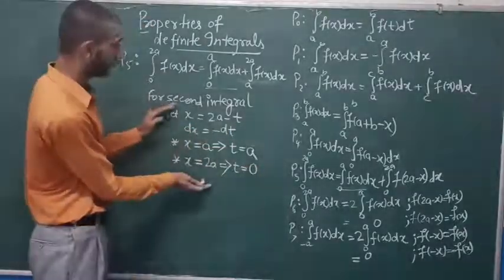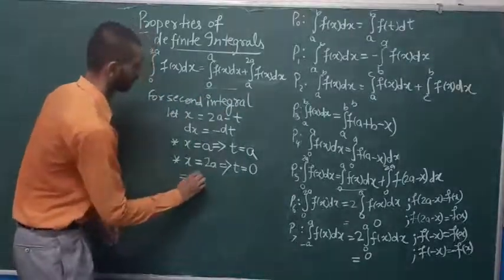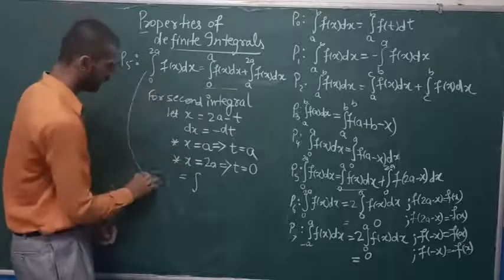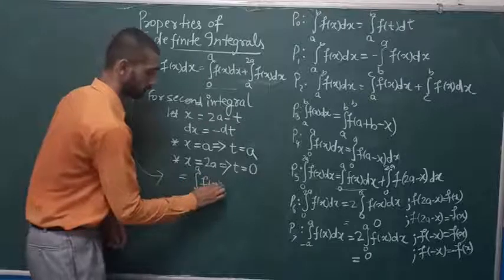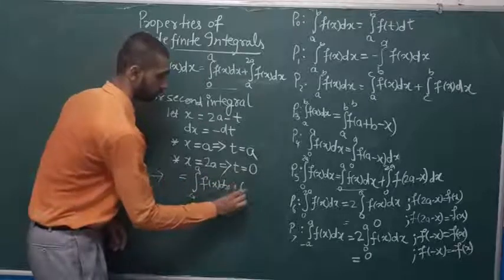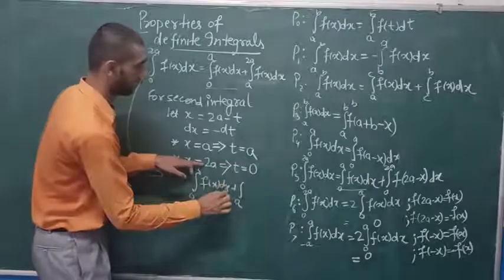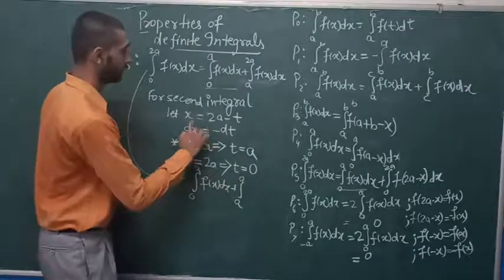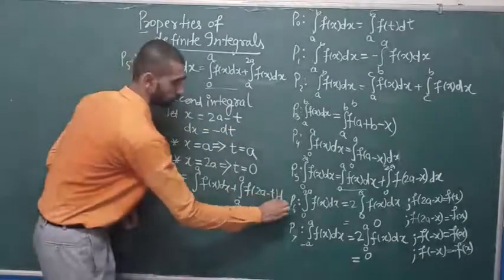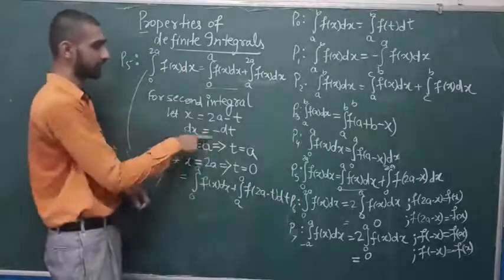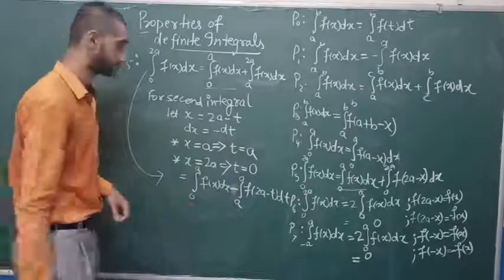Now I will put these values in my second integral. I am writing it here. For a, I will put a, for 2a I will put 0, and for x I will put 2a minus t. And because of this minus sign, dx equals to minus dt, this will become a minus.